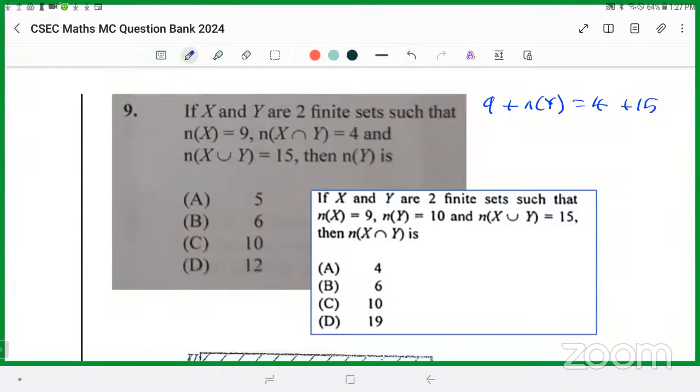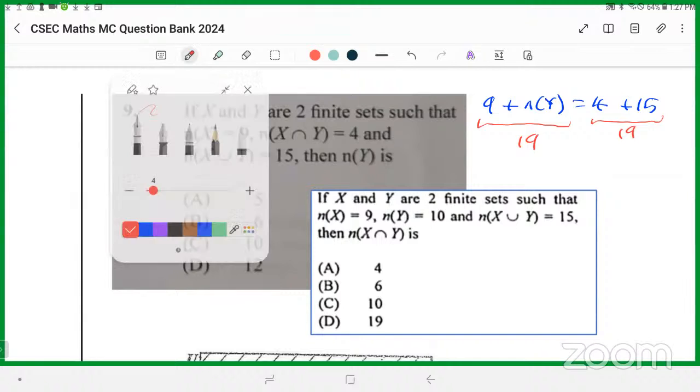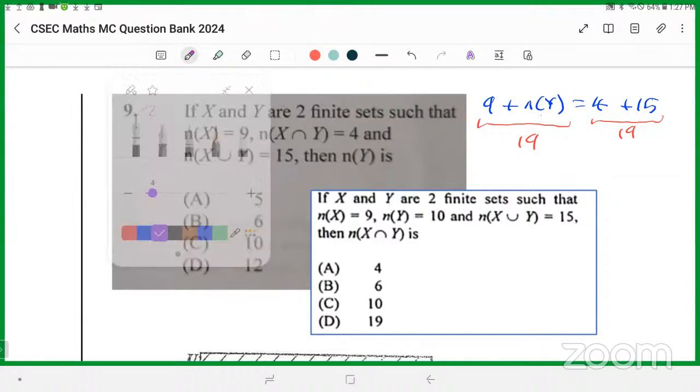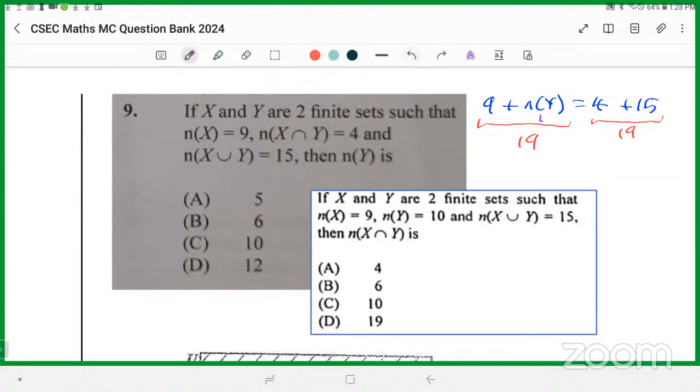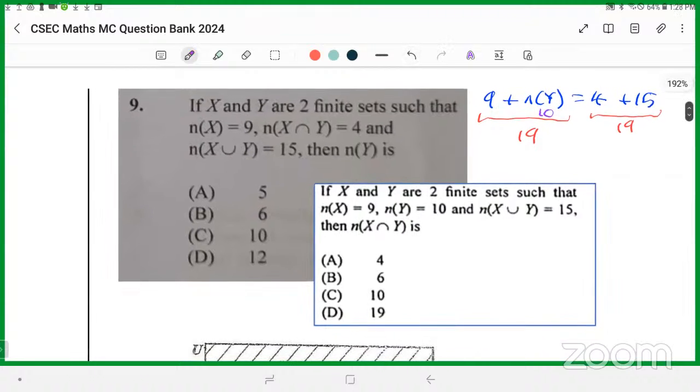So this is 19. For that to be 19, this will have to be 10. So the answer is 10 for this one.